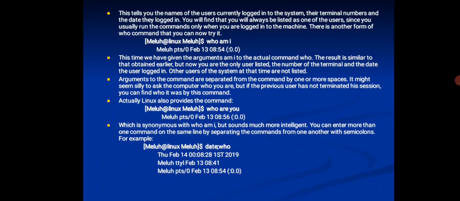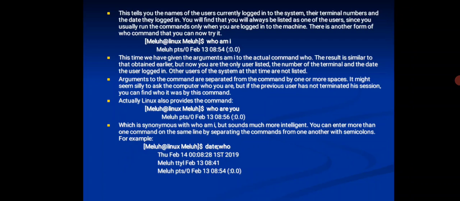We have another command that also acts like the who command, that is who am I. The who am I command will also give the username with their logged date and time. This time we have given the arguments am and I to the actual command who.